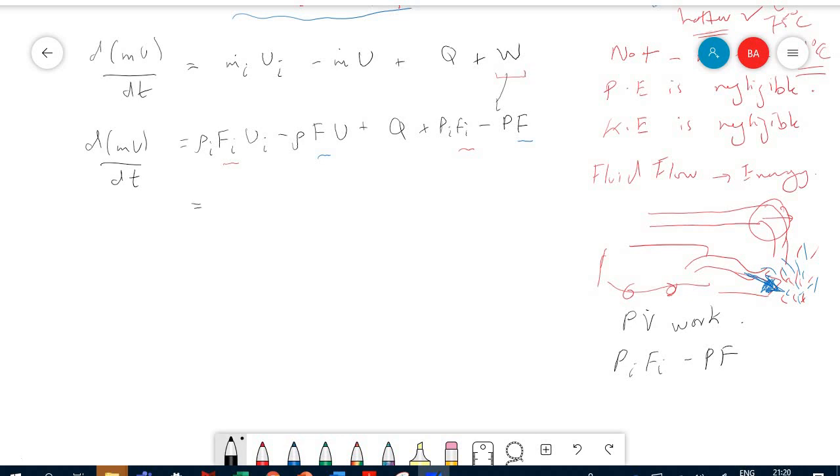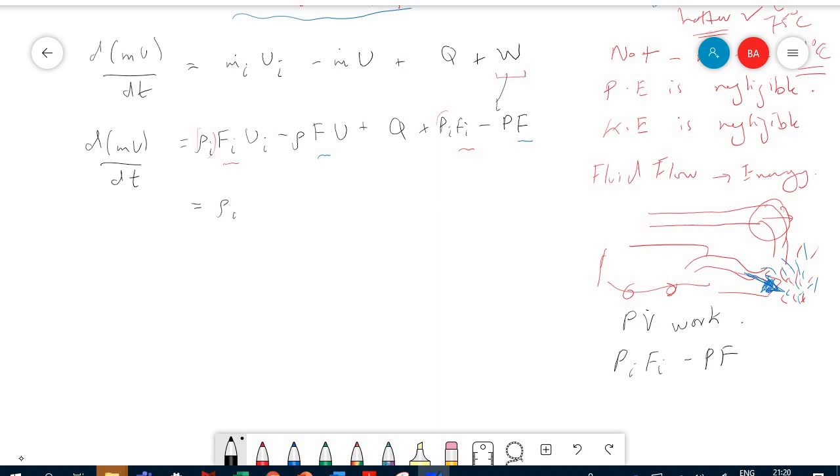It's all about being clever in how we take the common factors. Here we're going to take the additional common factor of rho i, simply rho i, even though there's no rho i on the other term. And you're going to see what's going to happen here.